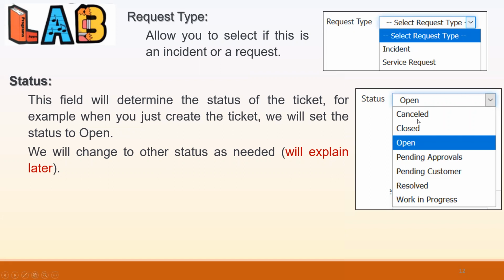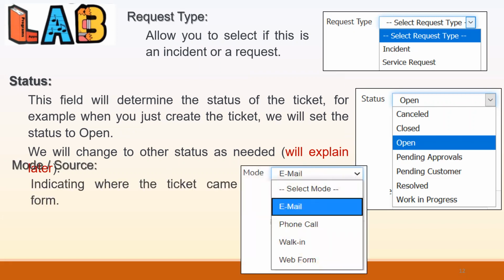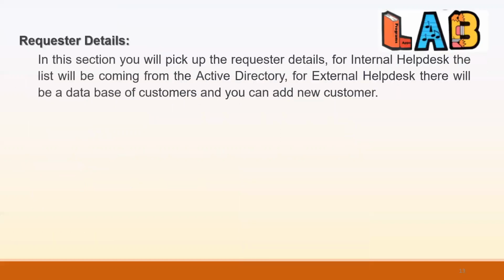You could cancel a ticket because maybe the customer called back and said, "Oh, don't worry about it, it's fixed." We still have recorded that ticket, but we could cancel it. The mode has to do with how we're contacted by the customer and how we're going to work with them.